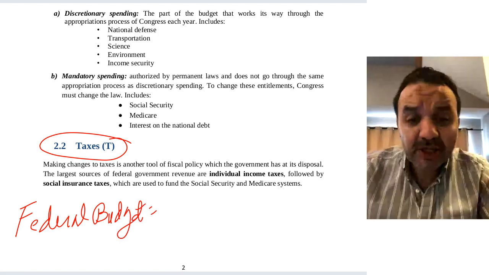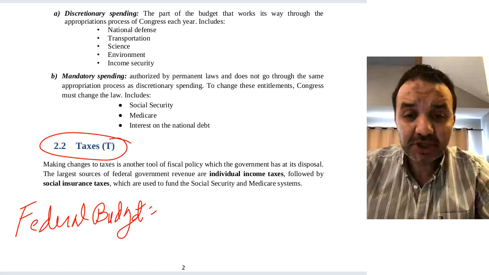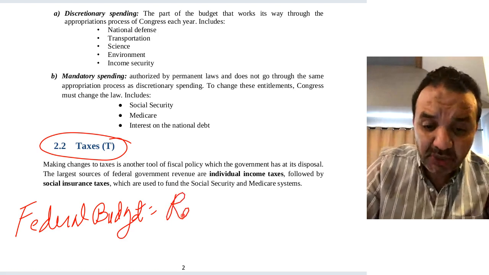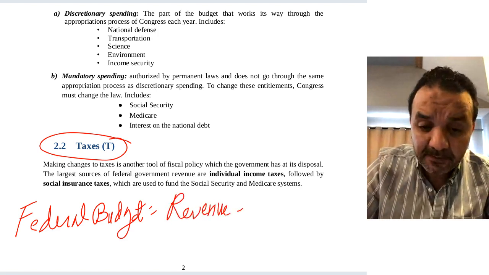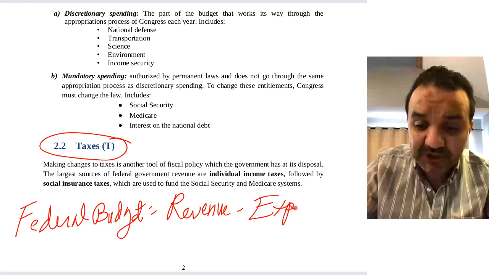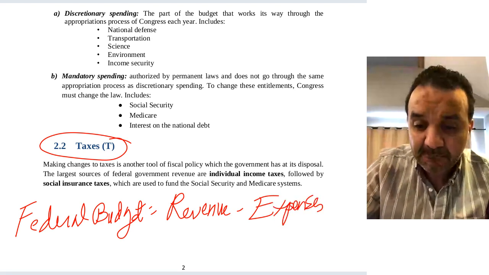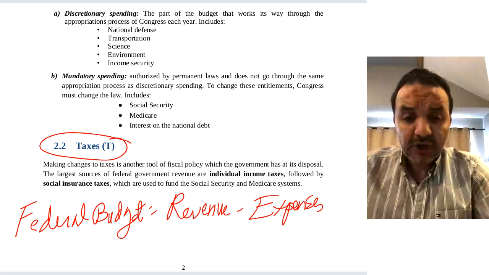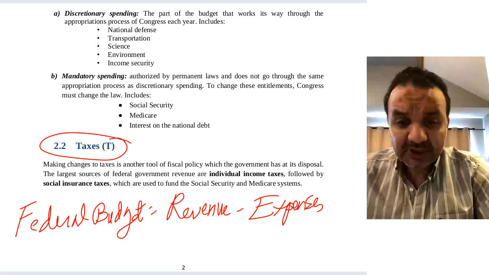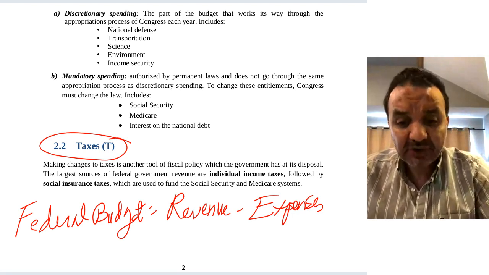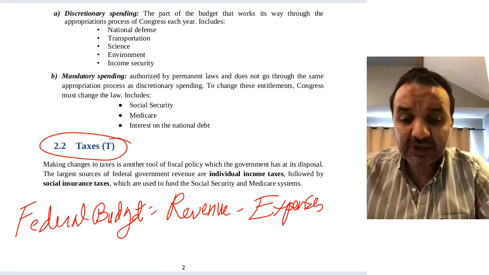Any budget, to explain the definition in an easy way, is simply revenue minus expenses, right? So if your revenues are more than your expenses, you have a surplus. If your revenues are less than expenses, you have a deficit. So simple.